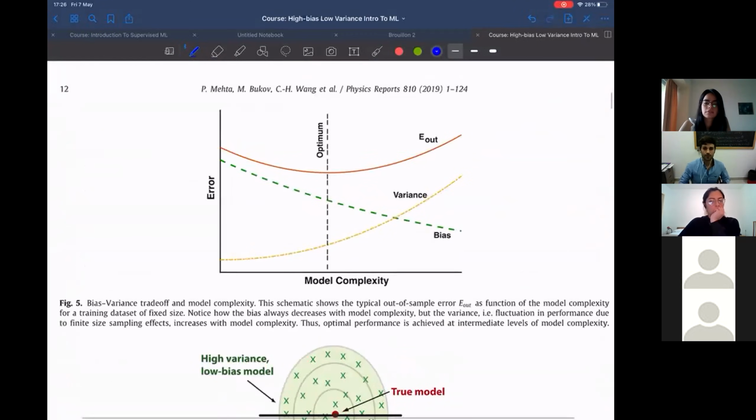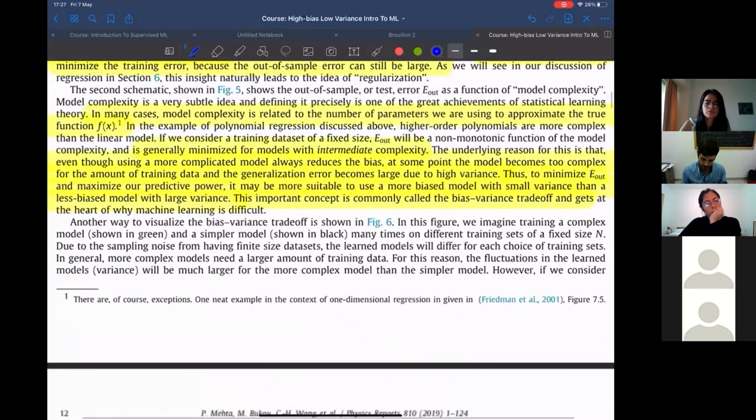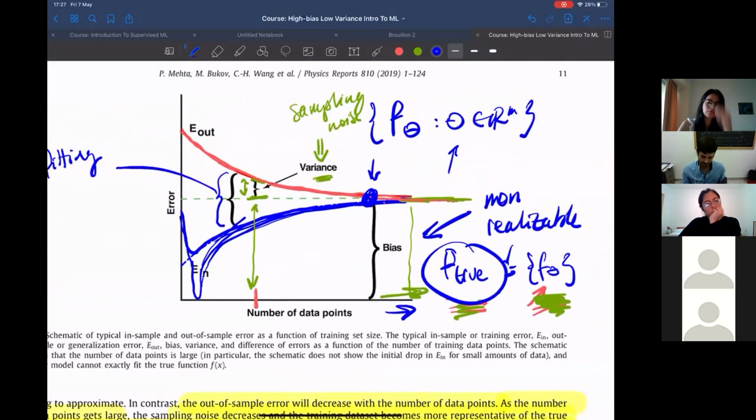So here is another representation of the bias variance trade-off. And what is that? Now in the previous plot, we fixed the hypothesis class, okay, and we were changing the number of data points. Now we do something else.